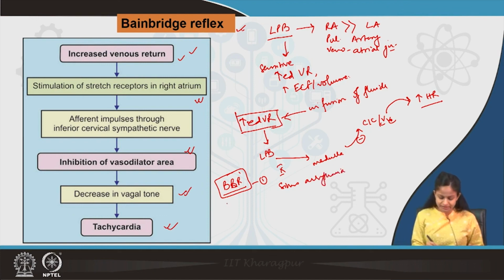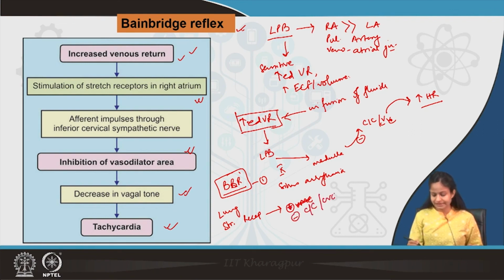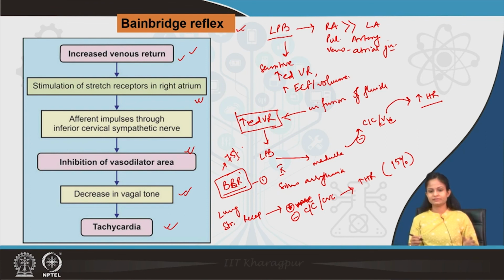The second mechanism is the lung stretch receptors, which is causing inhibition of the cardiac inhibitory center or cardiac vagal center, and because of which there is increase in the heart rate. So, this accounts for around 15%. The Bainbridge reflex accounts for around 70 to 75%. These are the main reasons for the respiratory sinus arrhythmia.